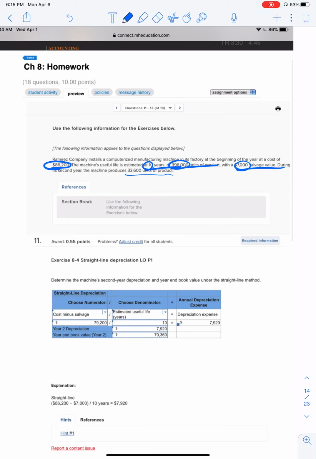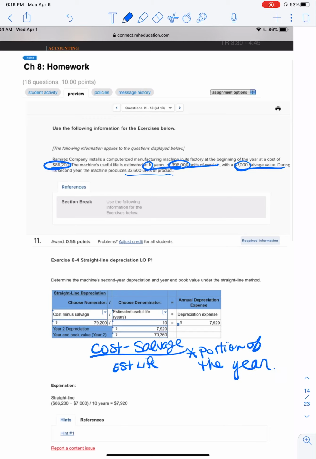So, in this question, the first thing we're going to do is calculate this for our straight line depreciation. So we said straight line depreciation was cost minus salvage divided by my estimated life times my portion of the year.